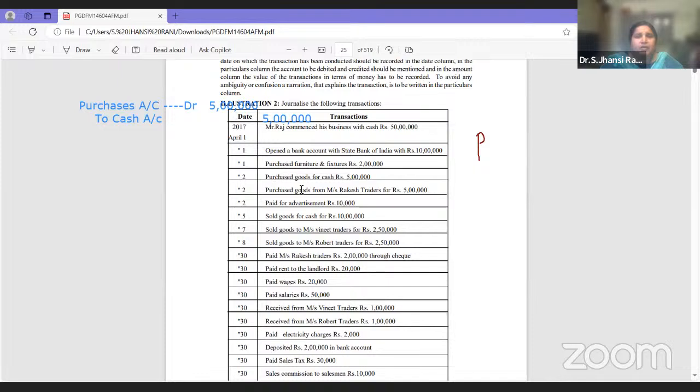So here what I'm doing, I'm purchasing. Whenever I purchase, what will be my entry? Purchases account, because goods are coming into the business. So I'll write purchases account debit and the amount is 5 lakhs again.